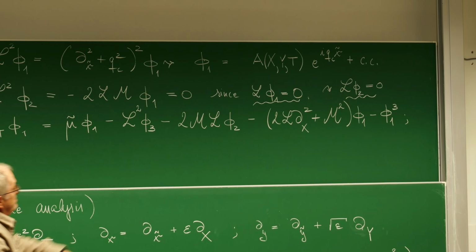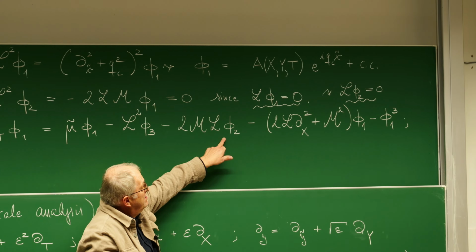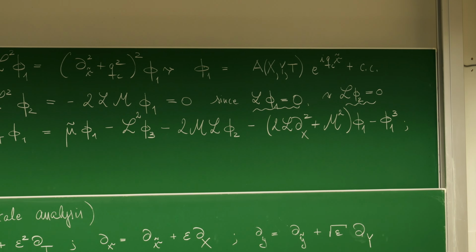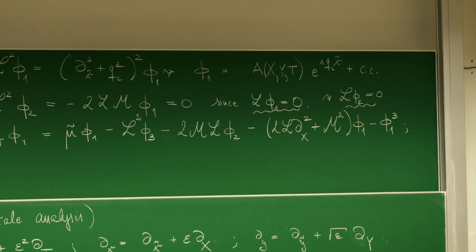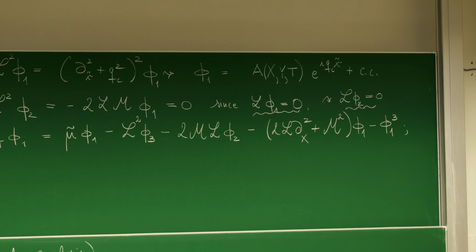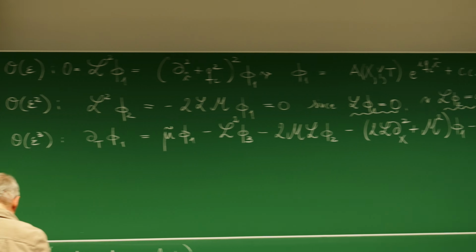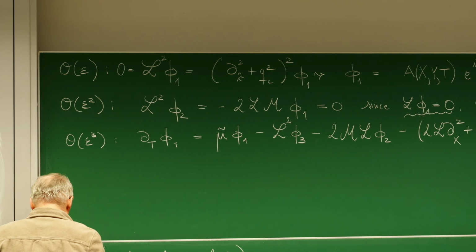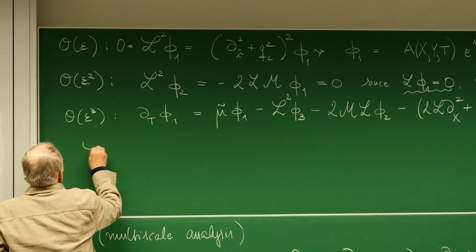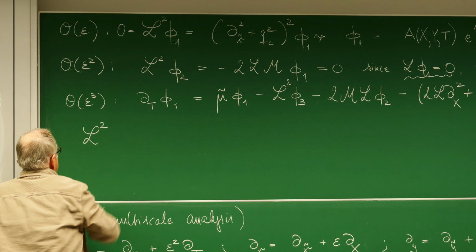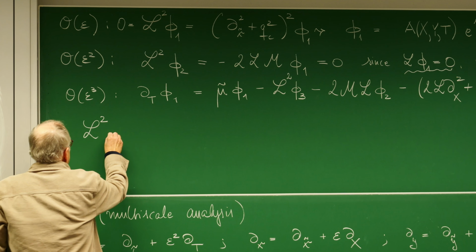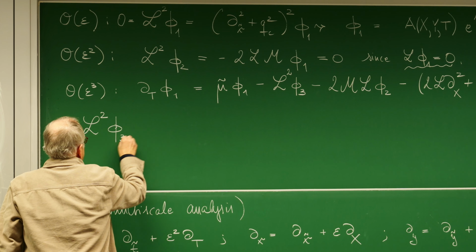So here, for example, this term here drops out. And that means to leading order, what you get is the following. You get L squared acting on phi 3.